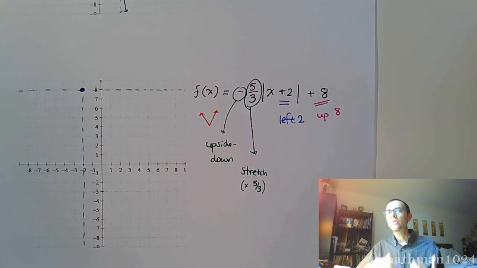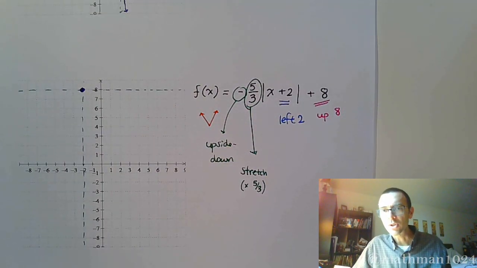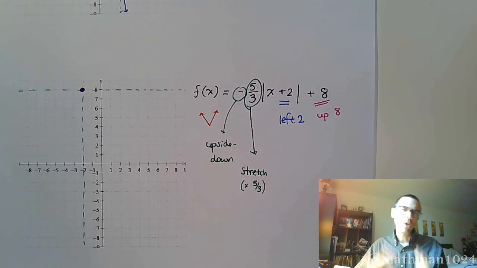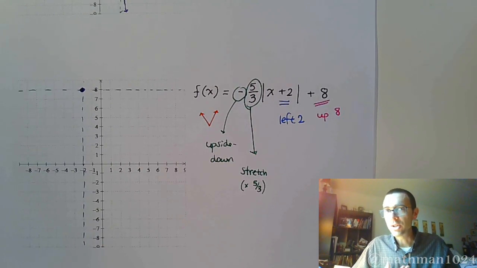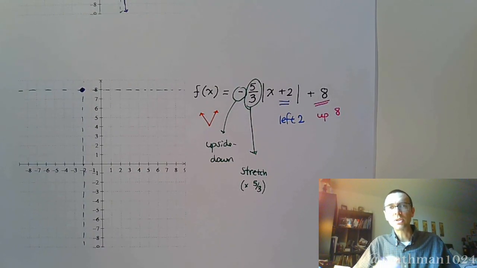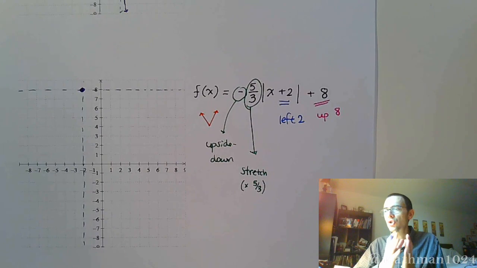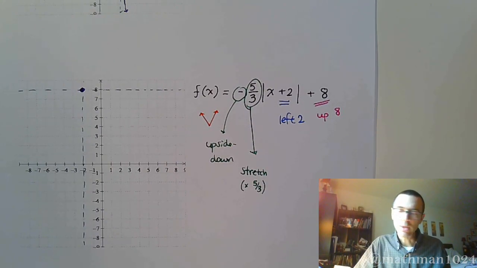Now you're going to see that whenever I graph an absolute value function, I'm not marking off 0, 1, 2, 3 and all that stuff. And the reason I don't need to do that is because, as we've mentioned, absolute values are made up of linear pieces. And since they are linear, we can just treat them like lines, find the slope, and use the slope to get extra points.